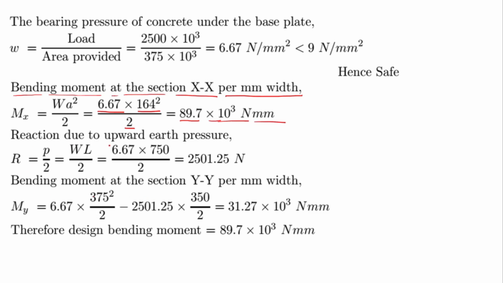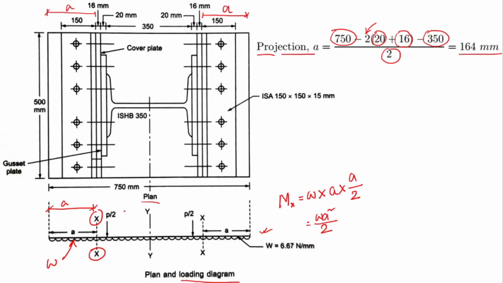Then reaction due to upward earth pressure. If I see the figure, this is the reaction P by 2 at the position of the edge of the gusset plate. So P by 2, which is the reaction, is equal to the total load UDL into L divided by 2.